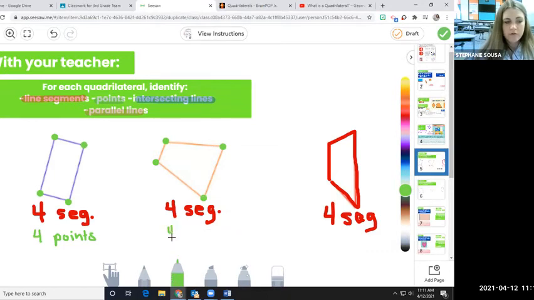So again, we have 4 points. So all quadrilaterals are going to have 4 segments and 4 points or corners. The same is true for our final trapezoid. 1, 2, 3, 4. There are 4 points. So all quadrilaterals, every single one, will have 4 sides and 4 points. If it has 4 sides and 4 points, it is a quadrilateral.